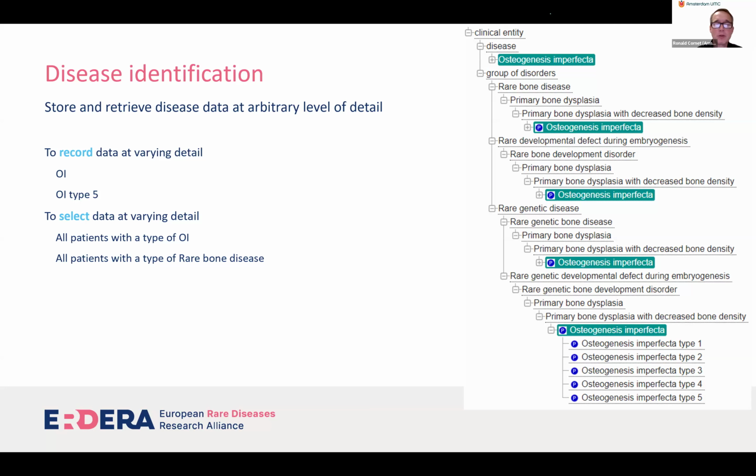We want to have all patients with any type of OI, whether it's type 1, 2, 3, 4, 5, or whether it's OI without any further specification. Or maybe even higher up the hierarchy, we may be interested in searching for all patients with a type of rare bone disease.